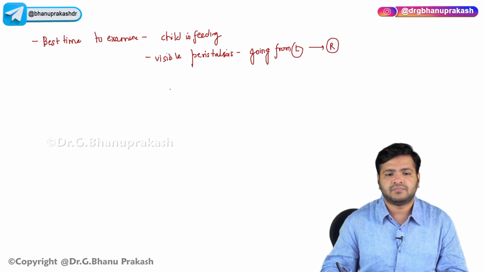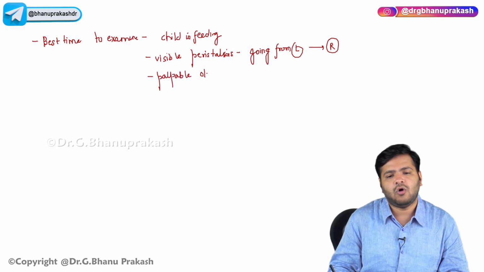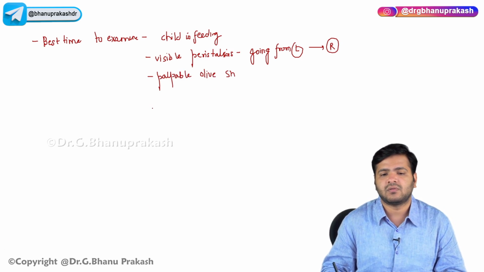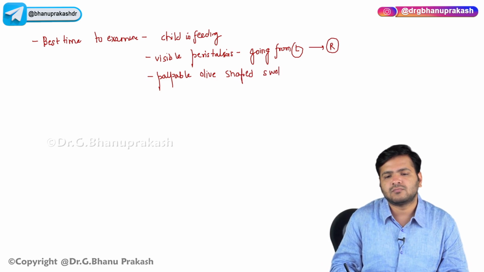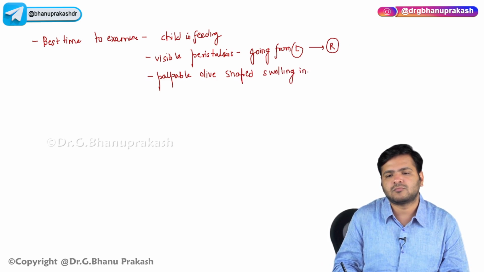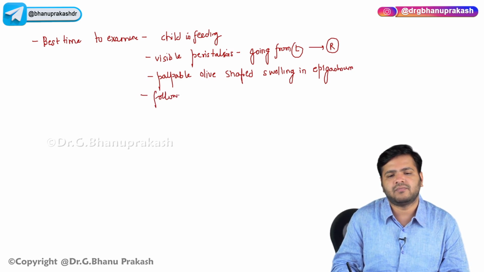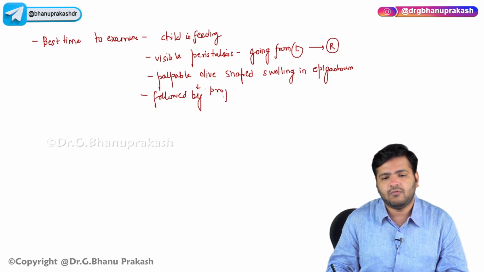Okay, there will be palpable olive shaped swelling, okay, in epigastrium. And remember, it is followed by projectile vomiting. If you palpate this olive shaped swelling, then it will be followed by projectile vomiting.